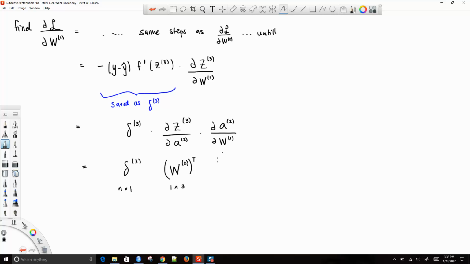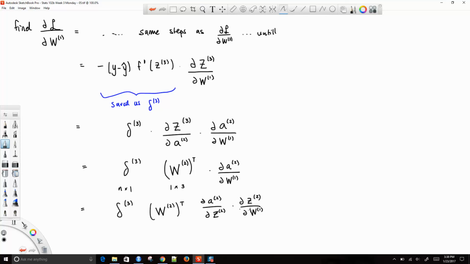Now we have A2 with respect to W1. A2 we're going to further split into A2 with respect to Z2, and then Z2 with respect to W1.